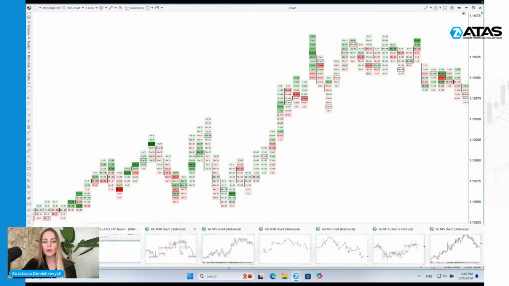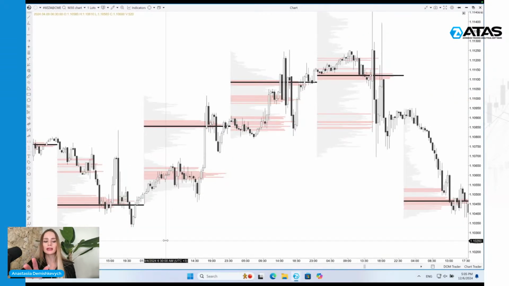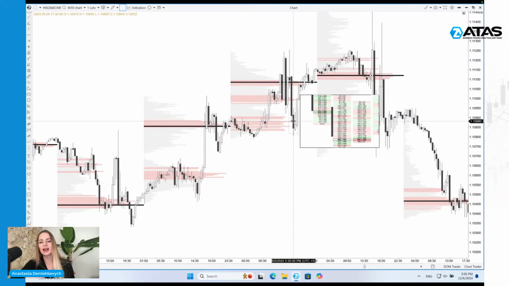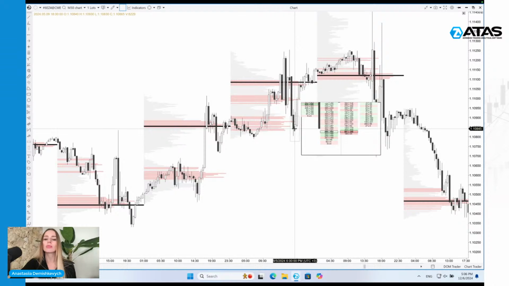So if volume profile is a macro perspective to determine the most important valuable zones and levels in the market, then footprint allows us to examine in detail the market activity to see how the market participants behave when the price returns to those key zones.